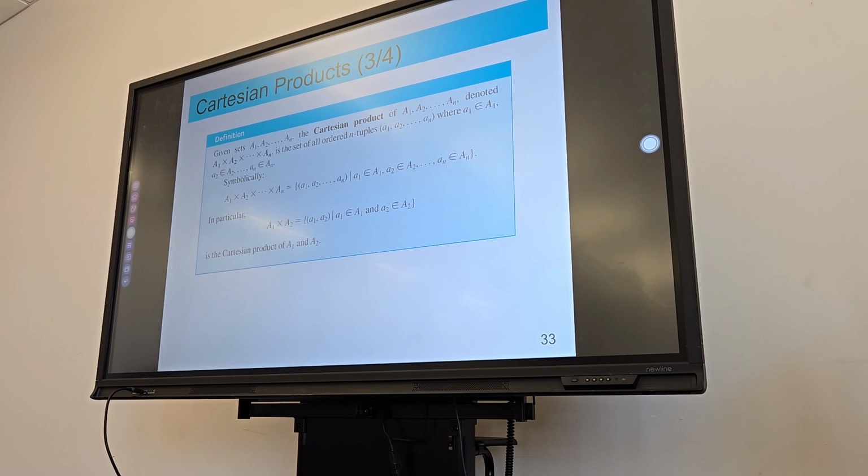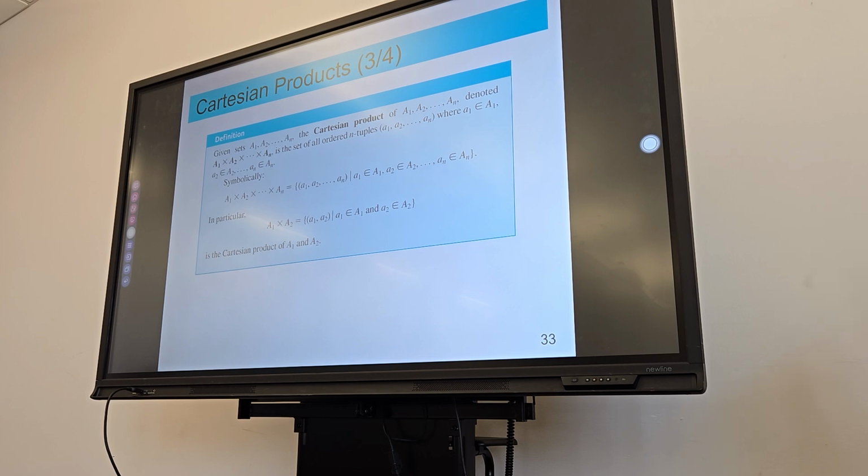So you get ordered pairs, or ordered tuples, of every combination of elements of all the sets.